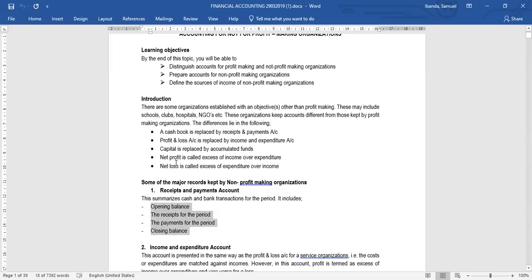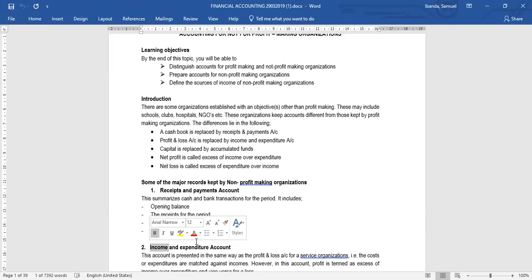Now, we also say that profit and loss is replaced by the income and expenditure. From the words income and expenditure, you expect to find that your income and expenditure will have incomes, okay? Now, NGOs have different sources of incomes. And this could be, let's say, donations.